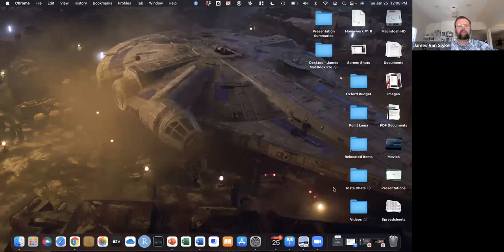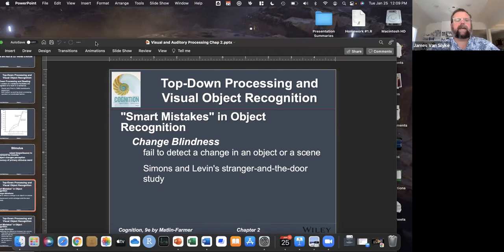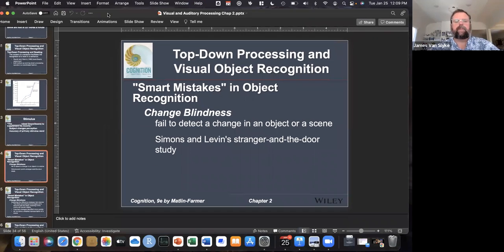So what that was an illustration of is what are called smart mistakes in object recognition.